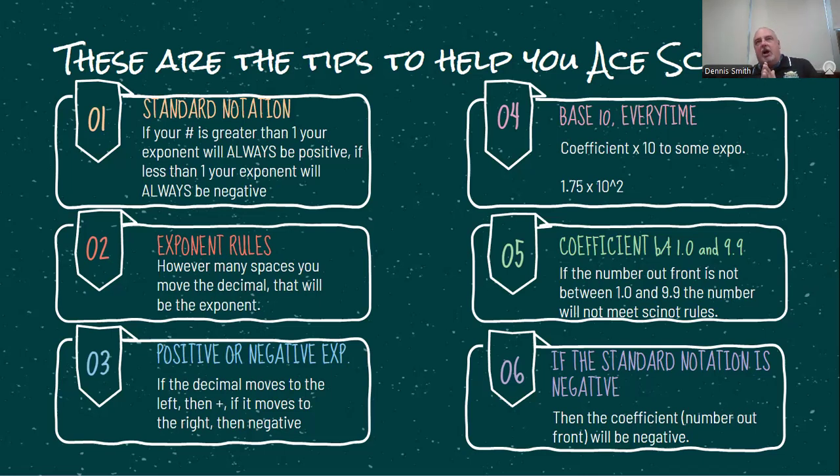If it's a negative number, you can still put it in scientific notation. You just have to make sure that the negative is in front of the coefficient. Now, if it's a negative decimal, then you're going to have the negative out in front of the coefficient, and you're going to have the negative sign also up in the exponent as well.